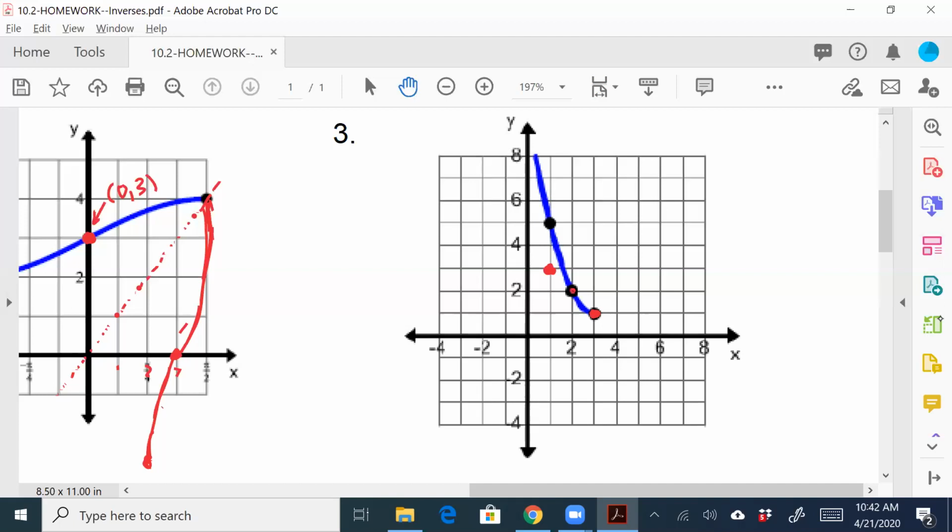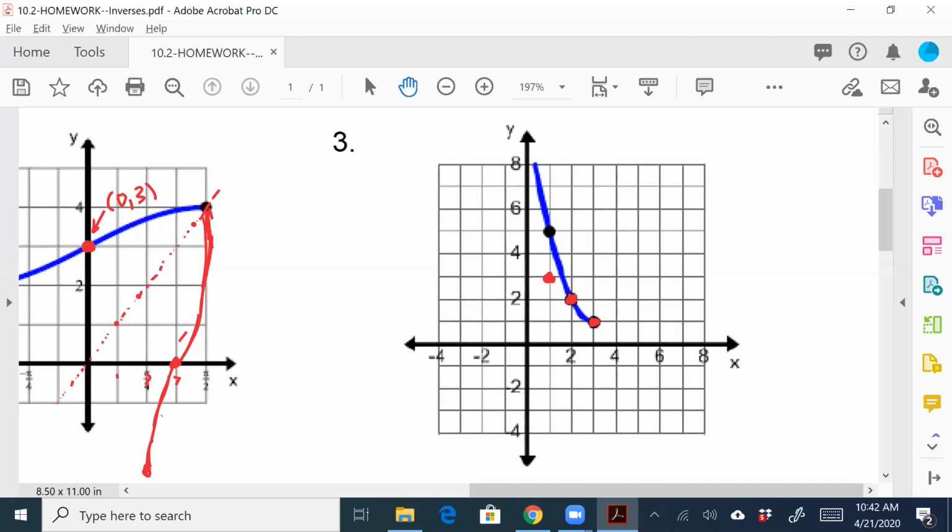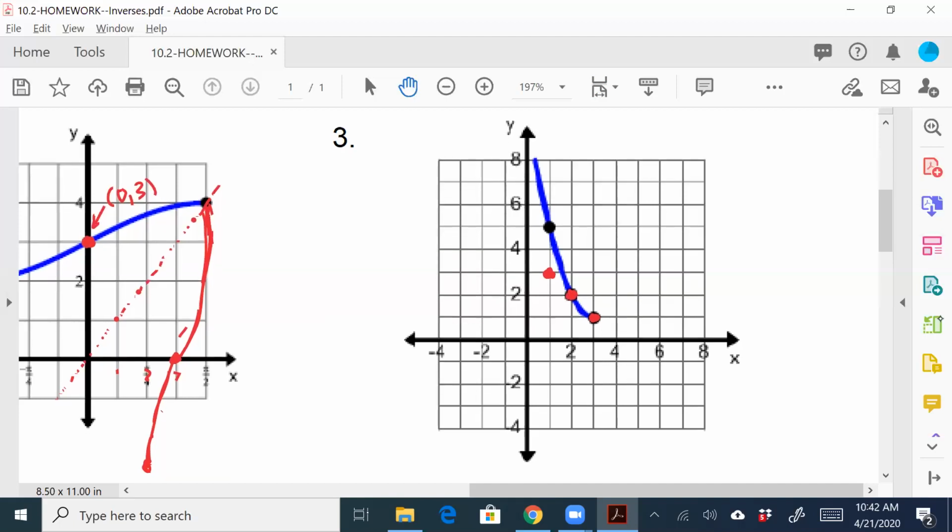How about this point right here? That would be 1, 3. We'll switch it. That'll be 3 and 1. This point right here. That right there. 2 and 2. So when I switch 2, 2, it's still 2, 2.